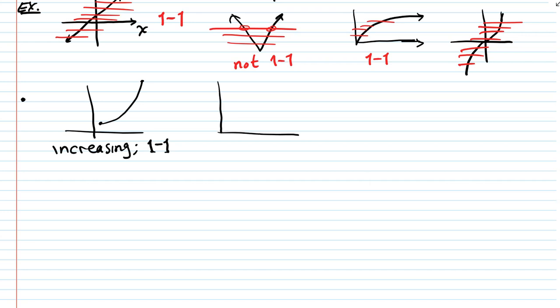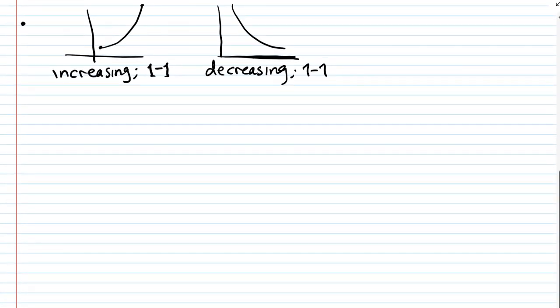So are decreasing functions. If we look at decreasing functions, they too pass the horizontal line test. So this function is also one-to-one, only it's decreasing. So it's decreasing and one-to-one. All right. Now, enough about one-to-one functions. Let's talk about inverse functions now.